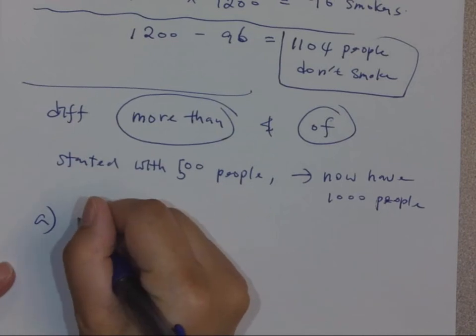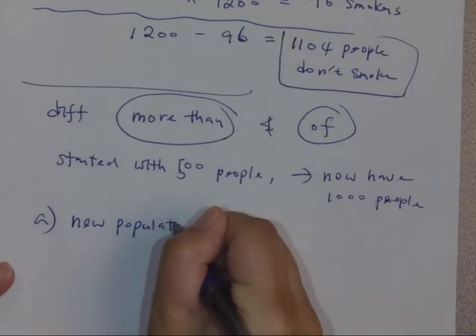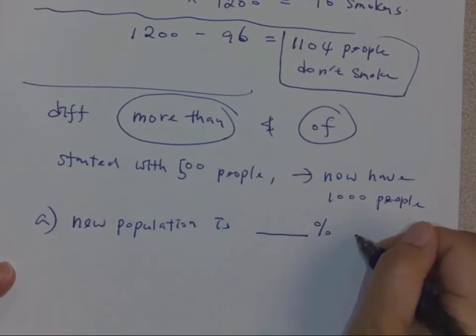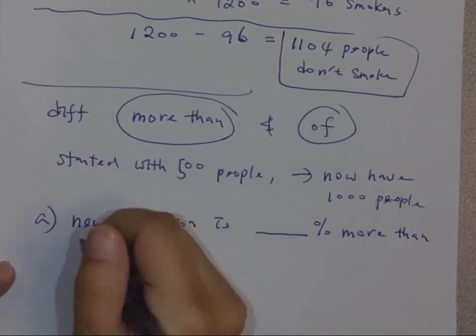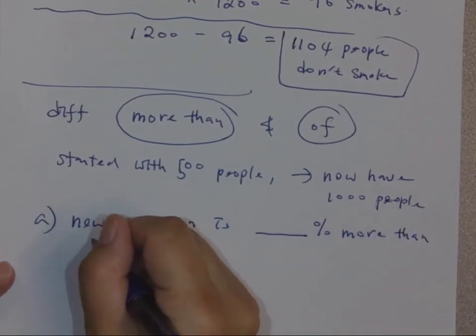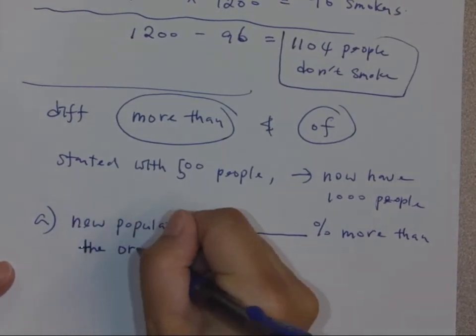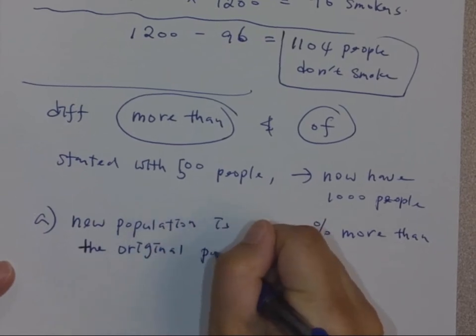One is say, the new population is how many percent more than, think about it first, the original population.